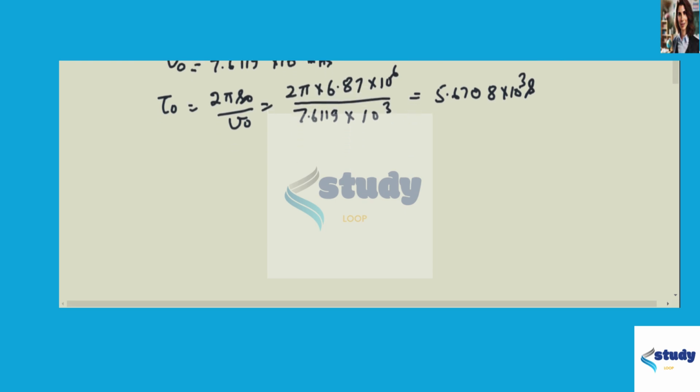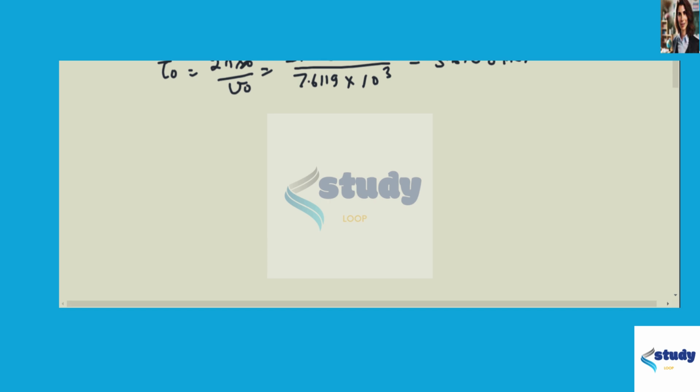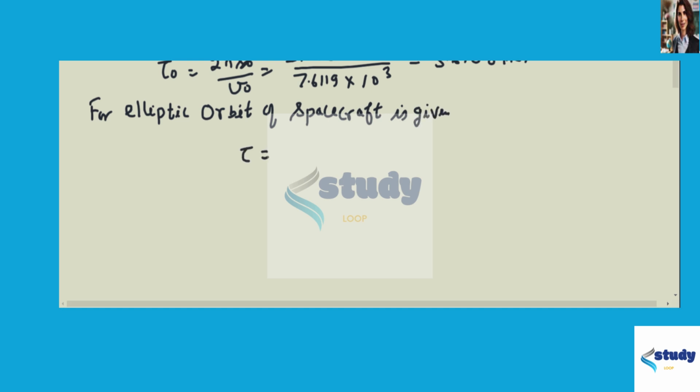For the elliptic orbit, the time period of the spacecraft is given as 3/2 tau naught.